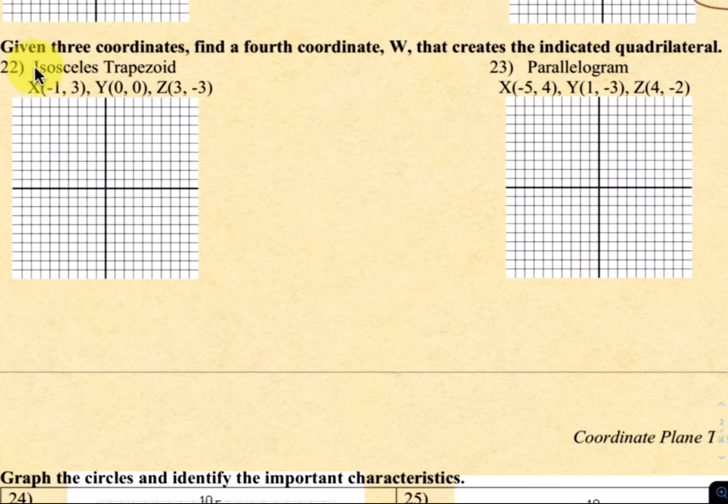All right, for questions 22 and 23, it says given 3 coordinates, find a 4th coordinate W that creates the indicated quadrilateral. So for number 22, we have points X, Y, and Z, and we want to form an isosceles trapezoid.